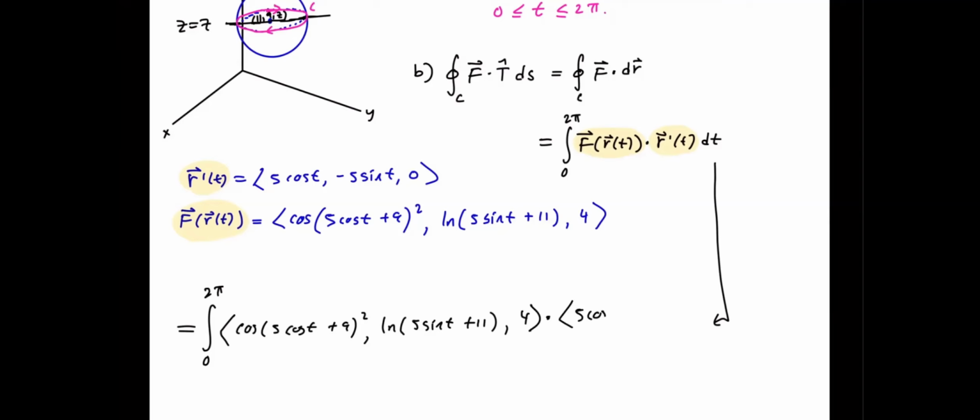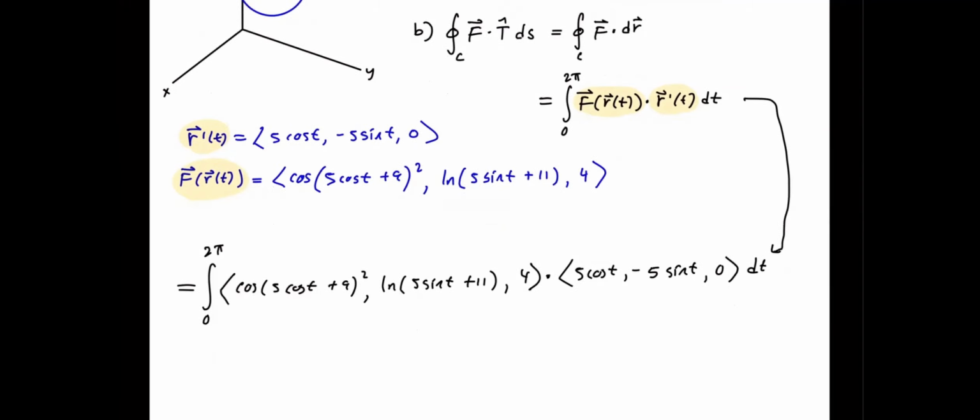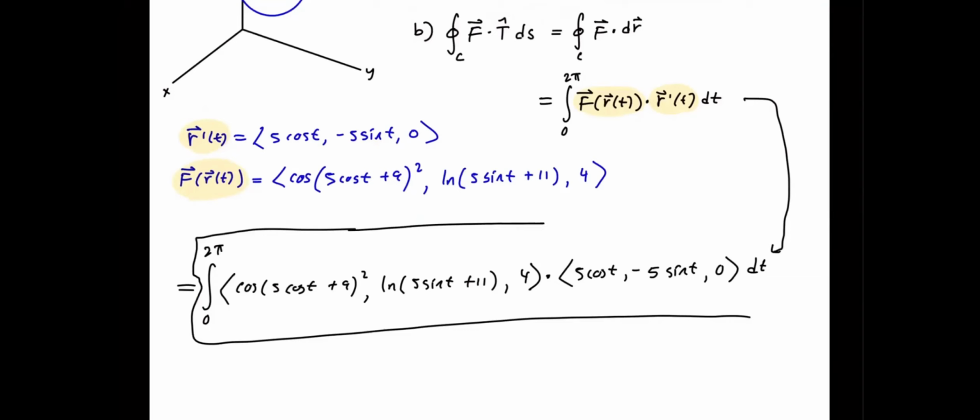That'll be 5 cosine of t, negative 5 sine of t, and 0, dt. So that's the continuation of our integral. Now, if you want, you can leave it right here or perform the dot product. I'm going to leave it right here so it doesn't look too messy. All right, so that's the setup for the second part.